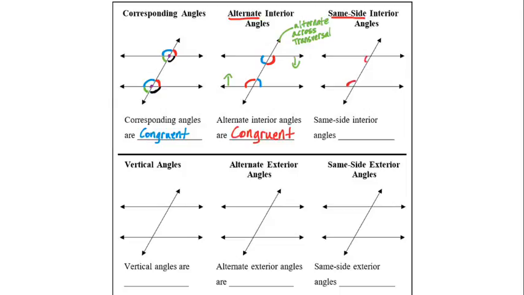So we have our red ones, and now I'm going to use a double mark here because we're about to say something interesting. So what I'm going to say here is that same side interior angles are going to add to 180, or are supplemental.